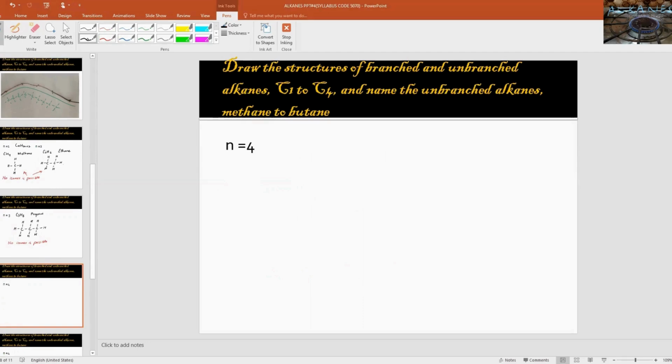Let's check the fourth member. The formula is C4H10. The structure for the straight chain would be like this: 1, 2, 3, 4.